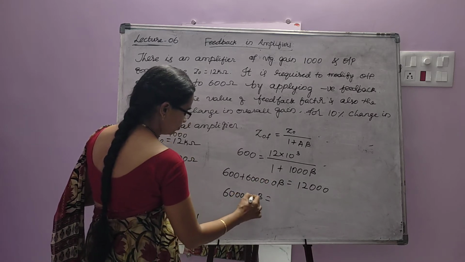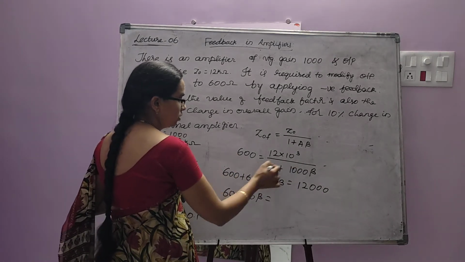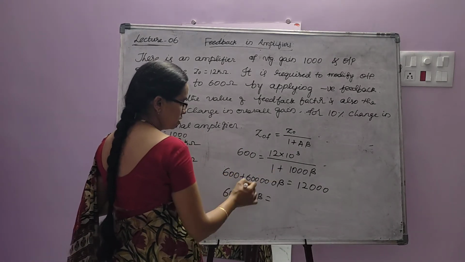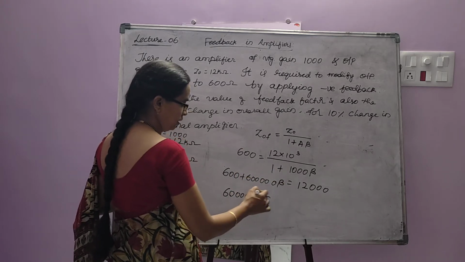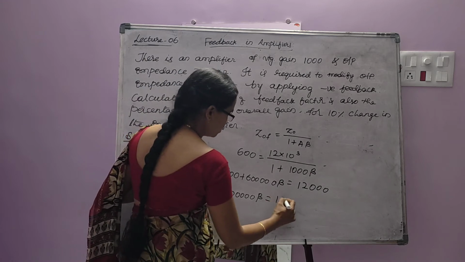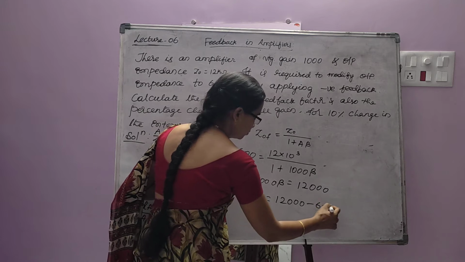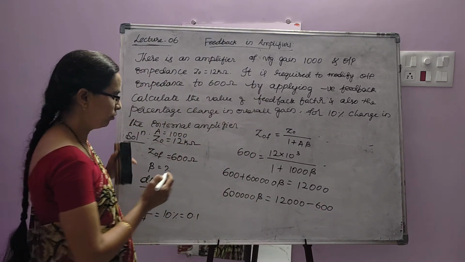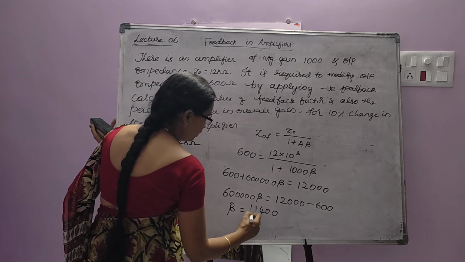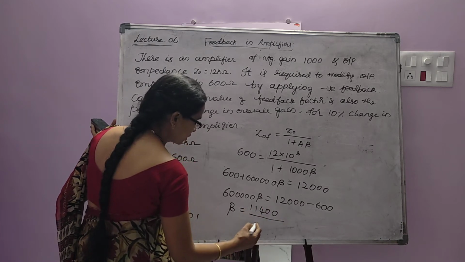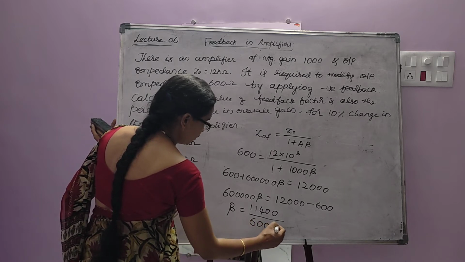If we multiply 1000 into 600, 6 lakhs it will be. So 12,000 minus 600, 11,400 it will be. So beta is equal to 11,400 divided by 6 and 5 zeros.